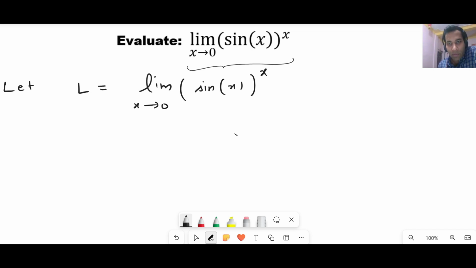First of all, we need to put the limit in the given function. That is sine of 0 to the whole power 0. It will give 0 to the power 0.